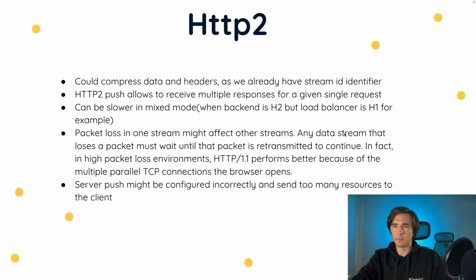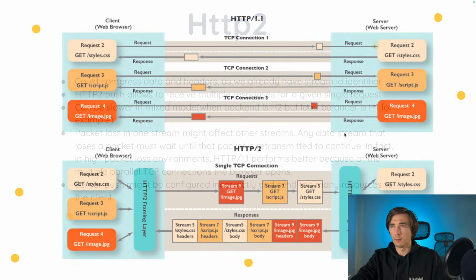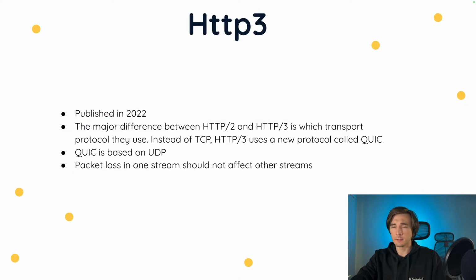And what is HTTP3? HTTP3 is not too new, but it was in alpha or something like that in 2020, if I'm not mistaken, and it was finally published in 2022.